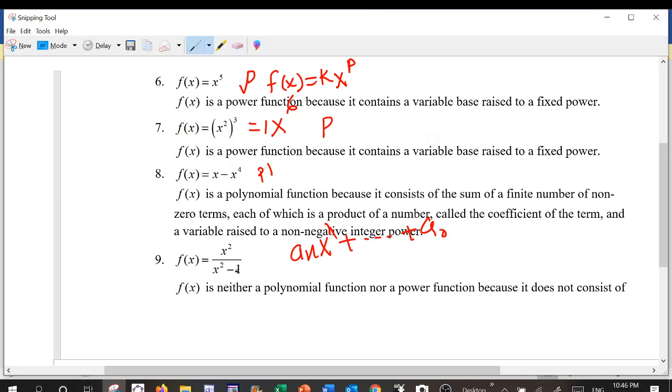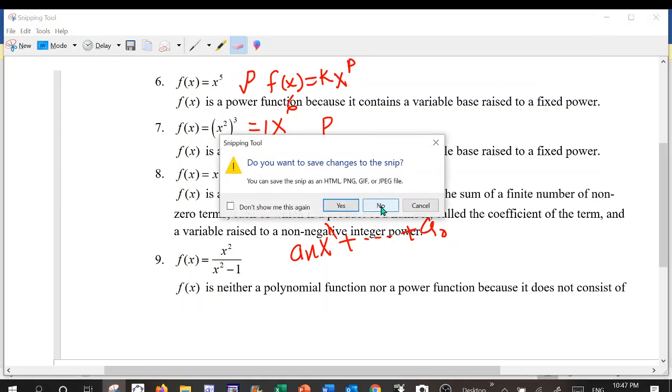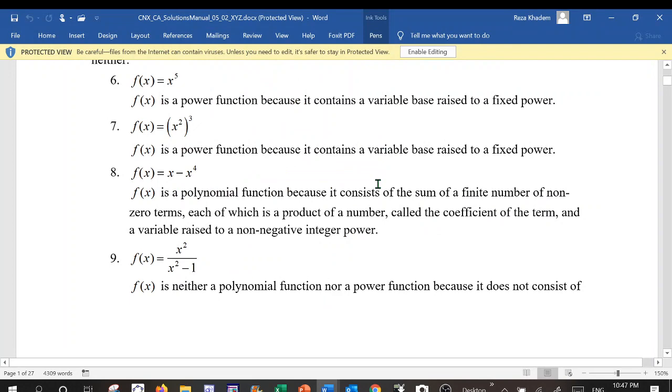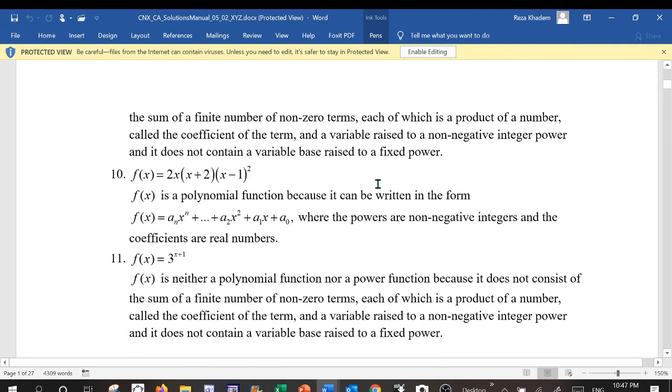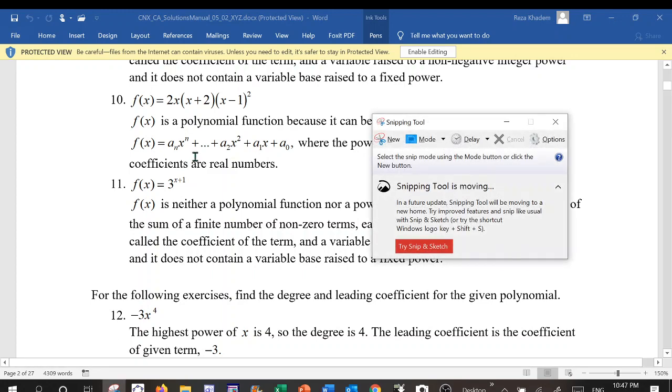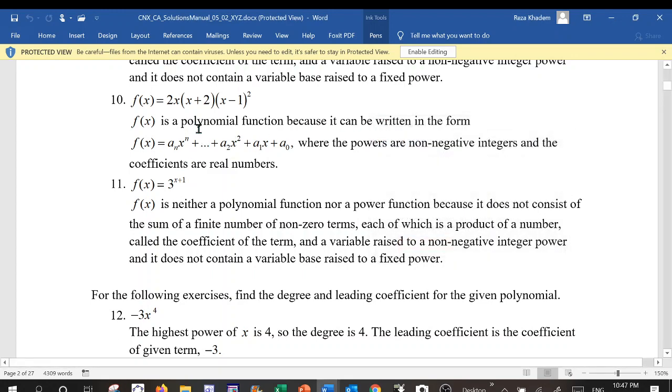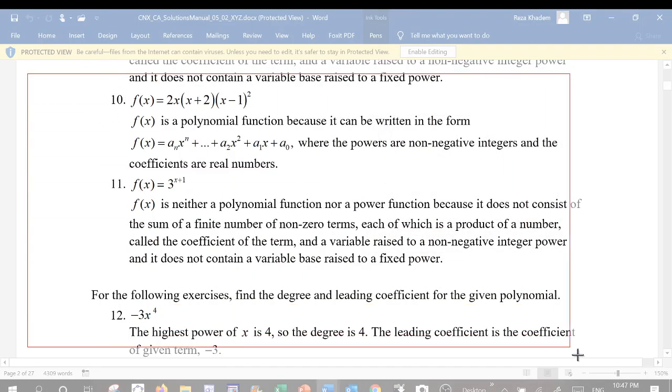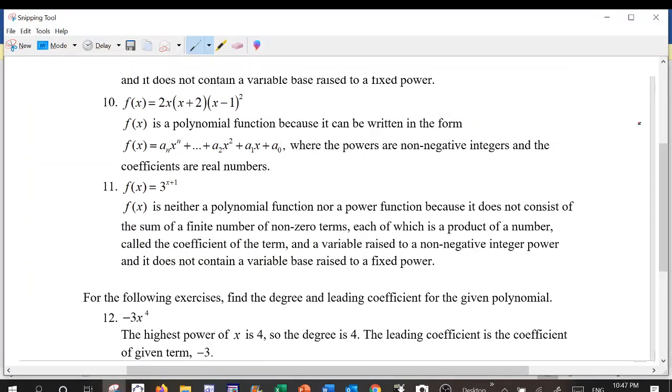Also because the domain of this is not all real numbers, because the denominator cannot be 1 or -1. So it's not a polynomial, and it's not a power function. All right. Now, what about some more? What about number 10 and 11?